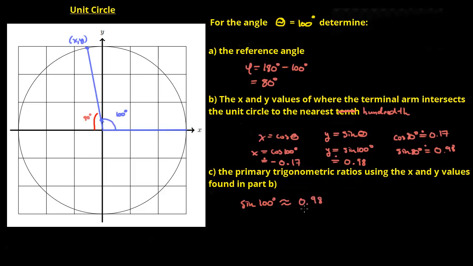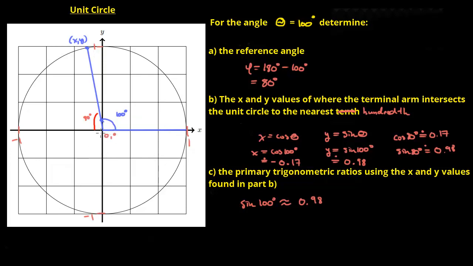because the sine of 100 is the y value divided by the radius, which is 0.98 over 1, because what I've drawn here is the unit circle, and I should scale my axes, which I forgot to do. It's always important to scale your axes. A lot of students forget that, but scaling is really important, and so is labeling the origin, which I also didn't do.